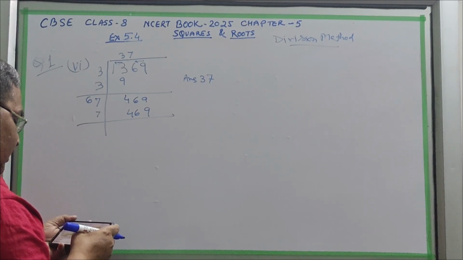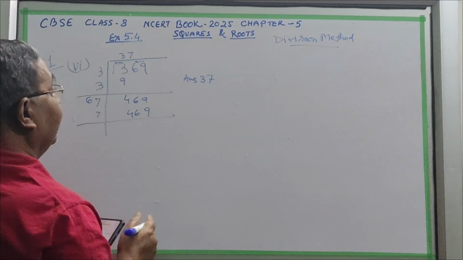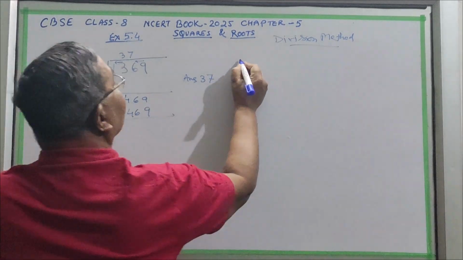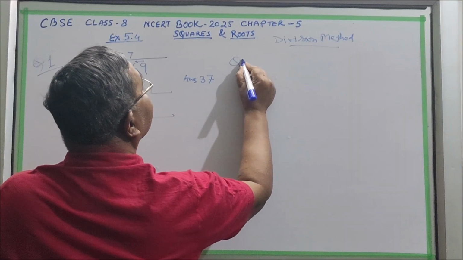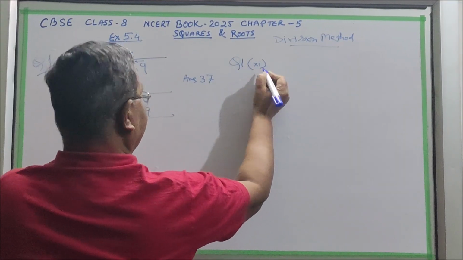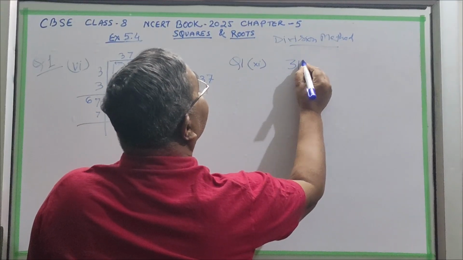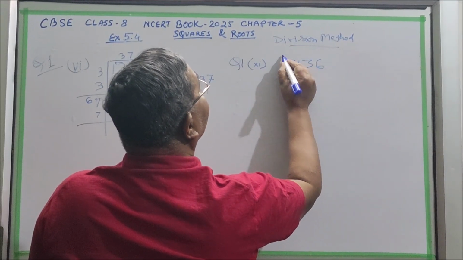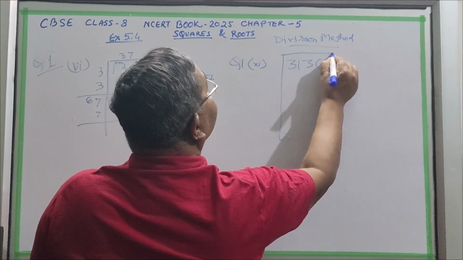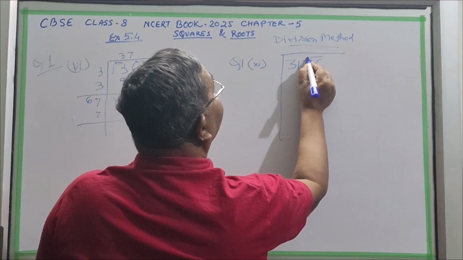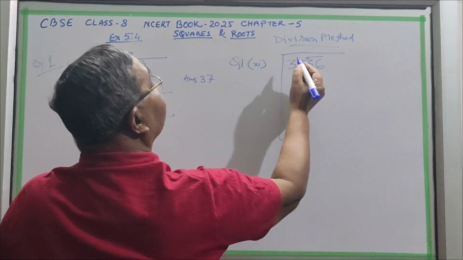Another question we will take, question number 11. So this is 3136. By the division method we have to do. In the division method you have to make pairs from right to left.